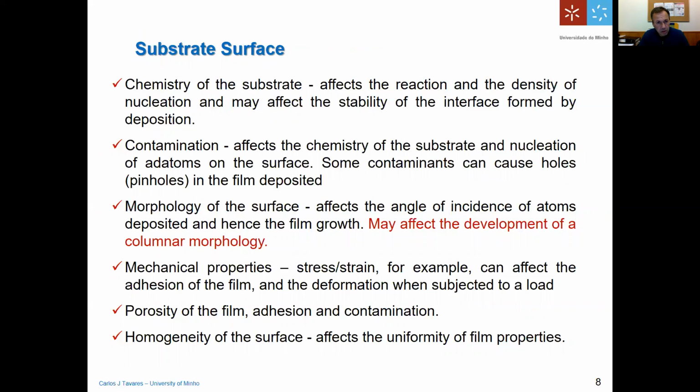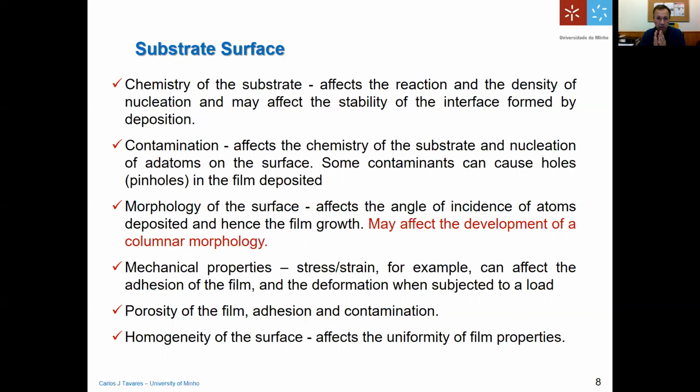Now we talk about the substrate surface. As I said before, the substrate is really critical, because the chemistry of the substrate will affect the reactions that will be originated on the first layers of the thin film growth, which means that if you have some impurities, they will react with the flux of atoms that will reach the substrate, and perhaps will yield an interface which is not desirable.